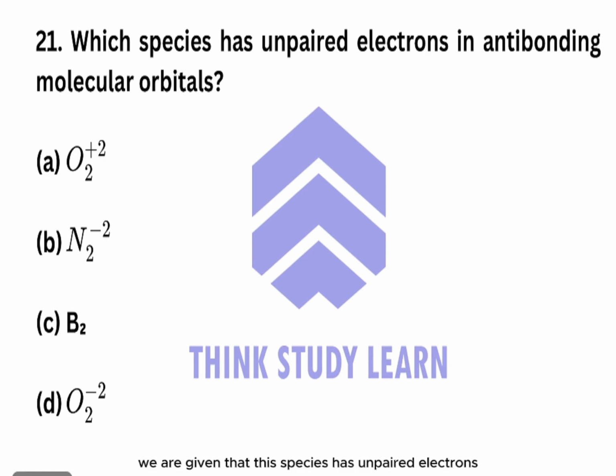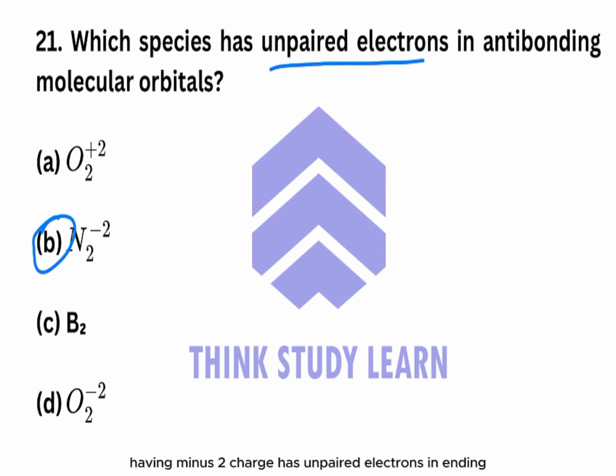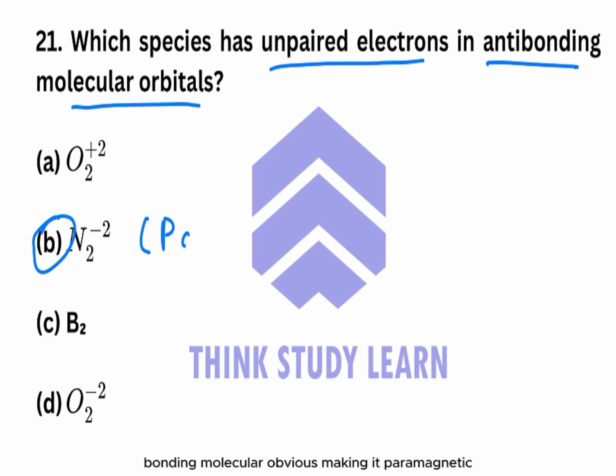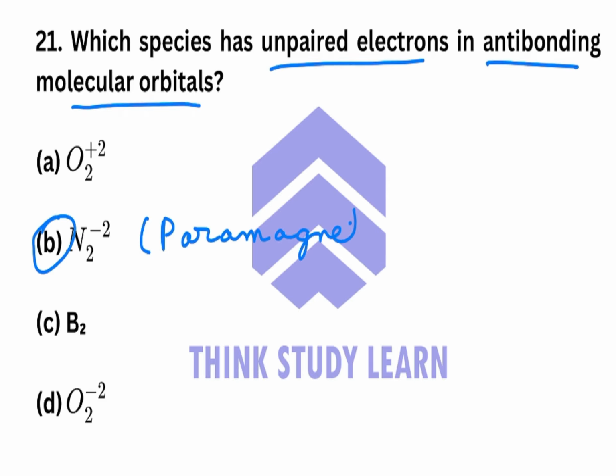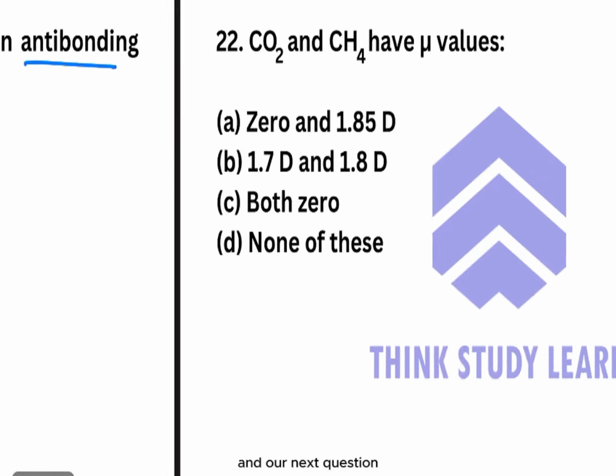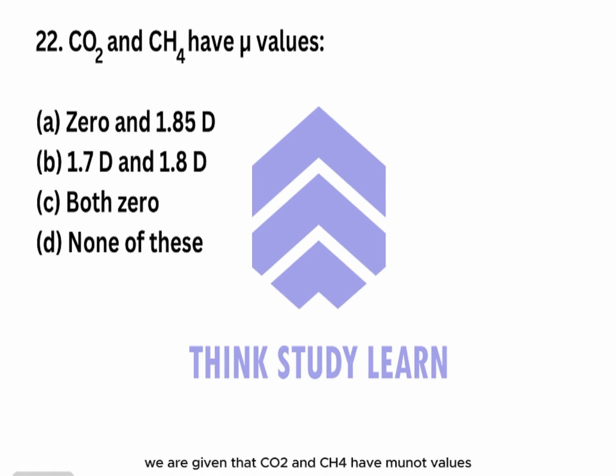In our next question, we are given that which species has unpaired electrons in anti-bonding molecular orbits? Nitrogen, having -2 charge, has unpaired electrons in anti-bonding molecular orbits, making it paramagnetic. In our next question, we are given that CO2 and CH4 have mu naught values equal to what?